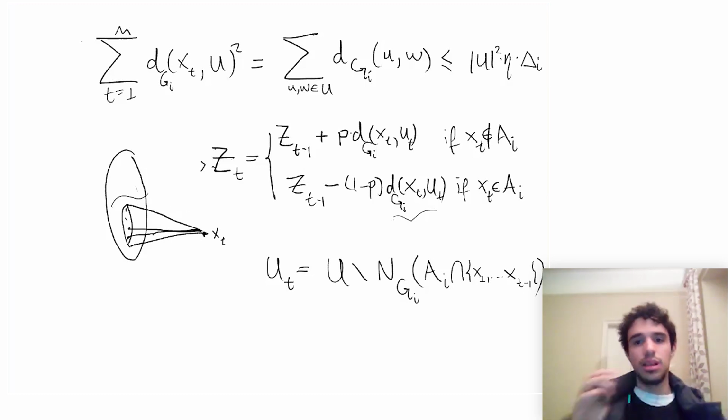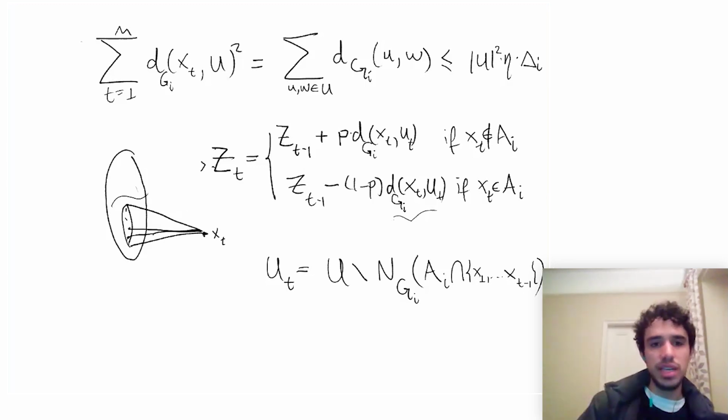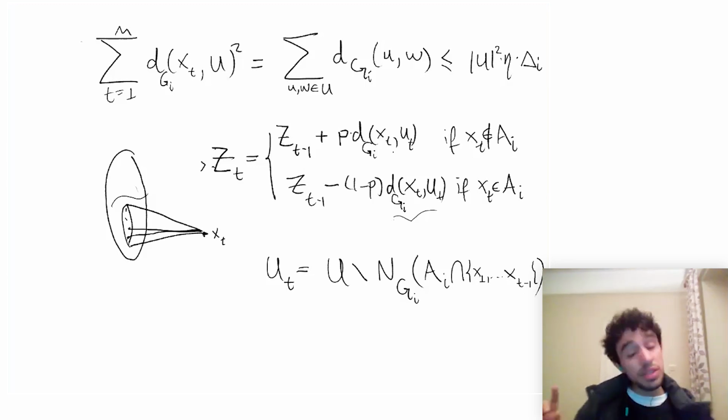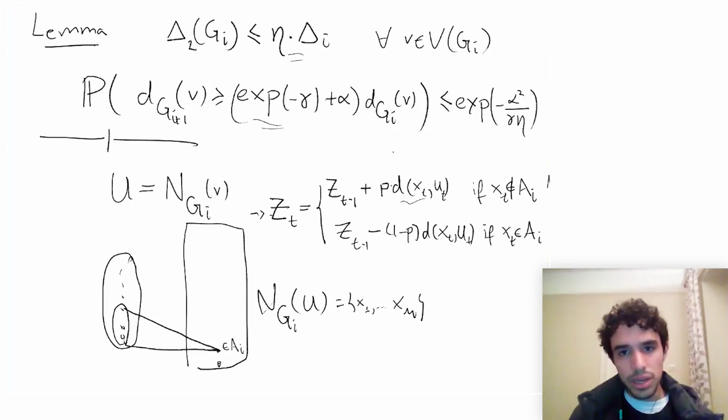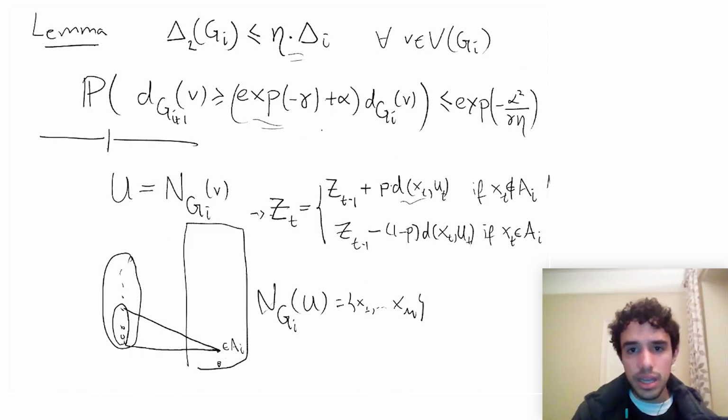Every time you have something in, your martingale goes down by exactly this amount, and every time it's not in, it goes up by this amount. There's something crucial about this martingale: we only want one-sided bounds here, only the probability that it's bigger than this.